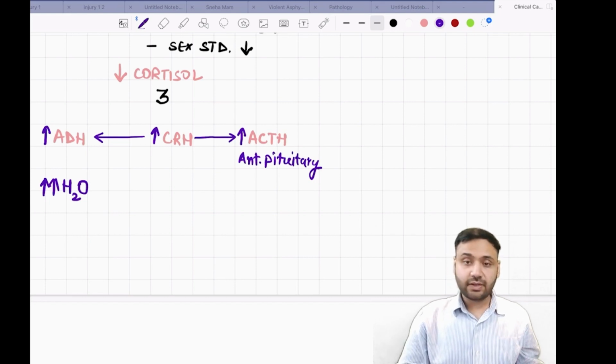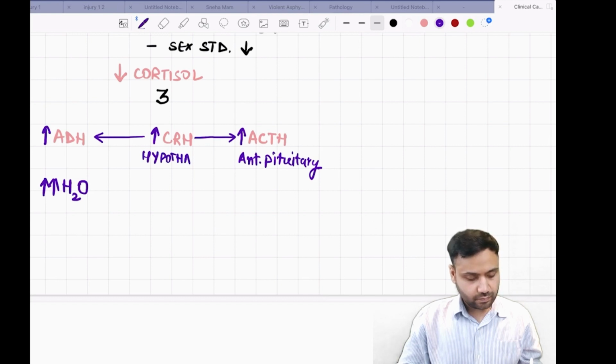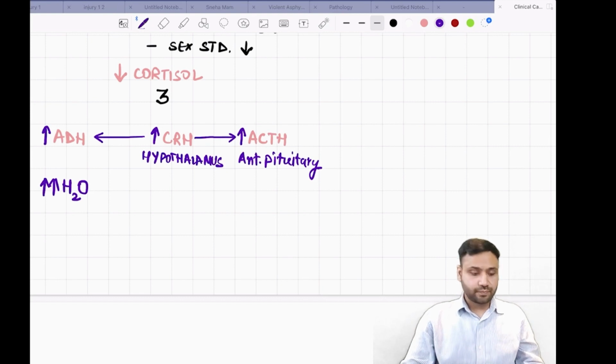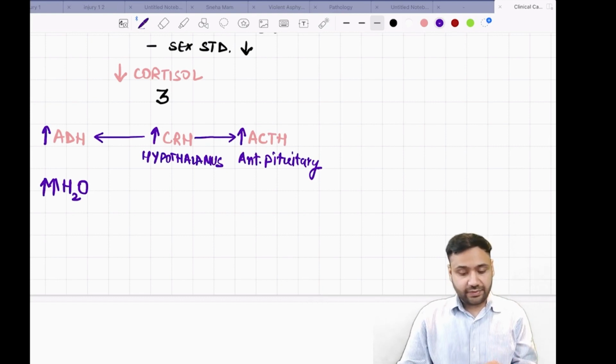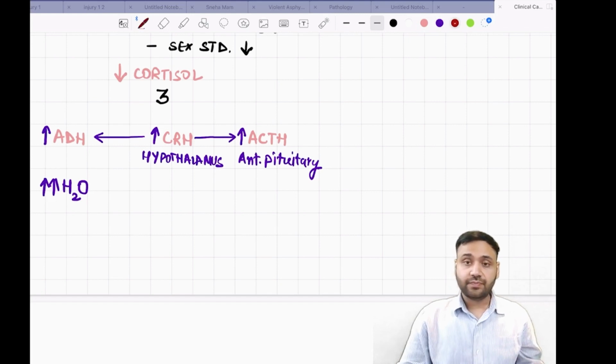And CRH is made in the hypothalamus. Now, let's see what increased ACTH does.